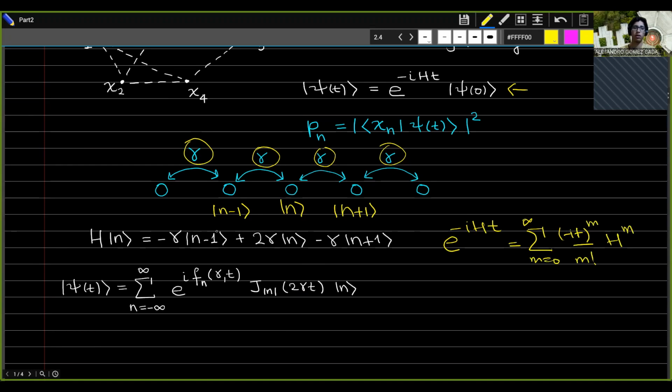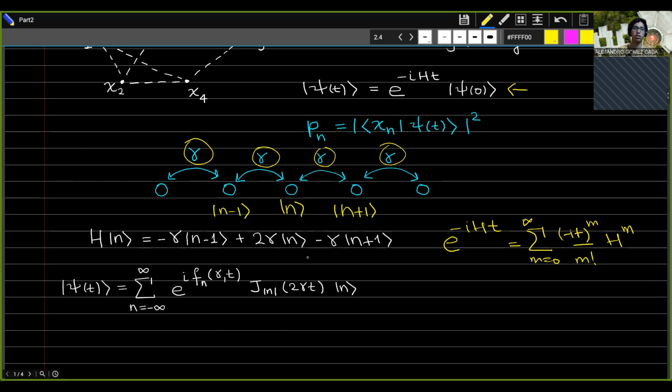And we know how H is applied on the state n, so we can find relations. We can find an expression for H to the mth power, and that's all we need to compute the state at some time t, and it's given by this expression. I'm not going to give the proof here, but I'm going to drop some links in the description.